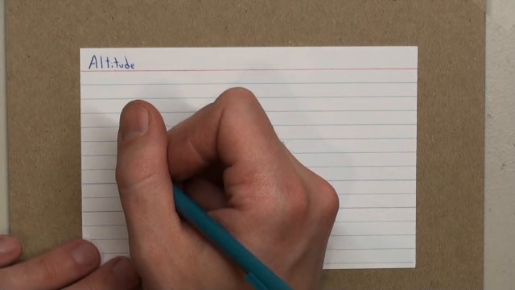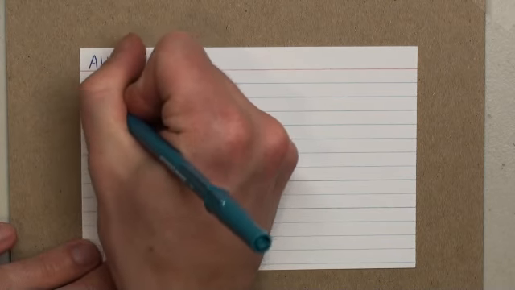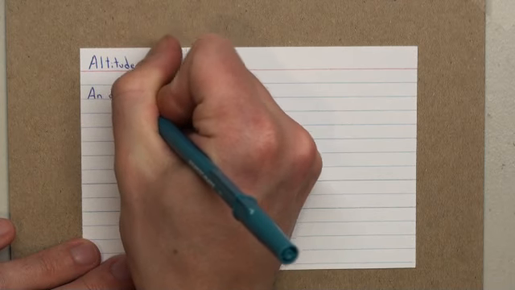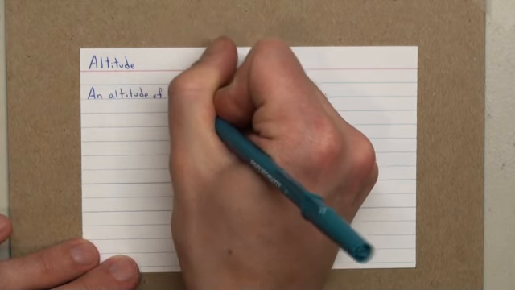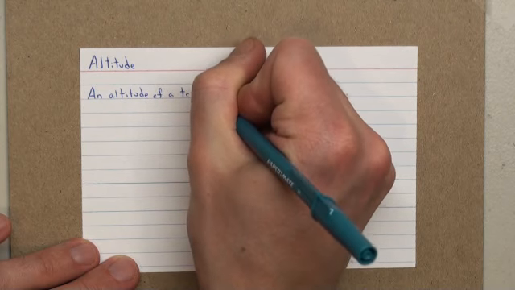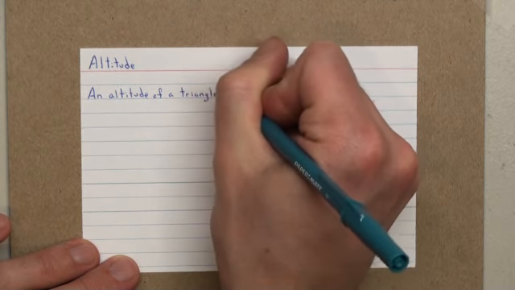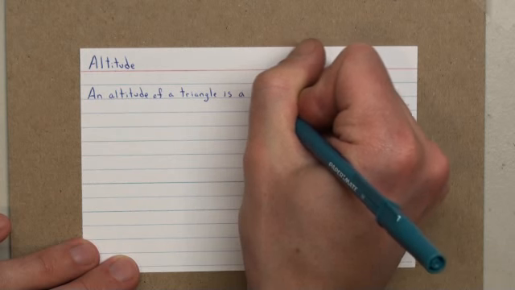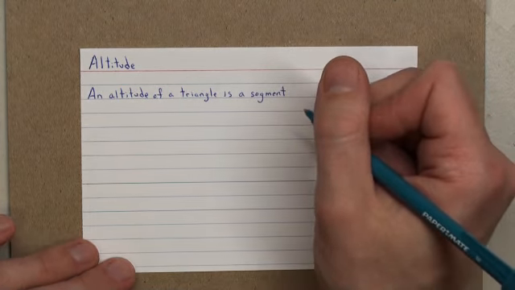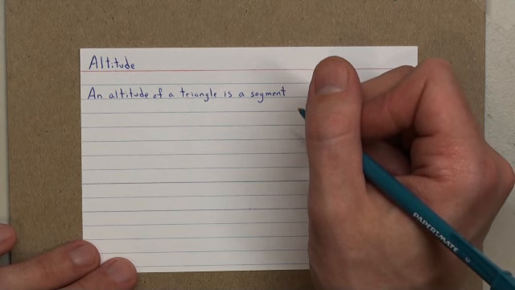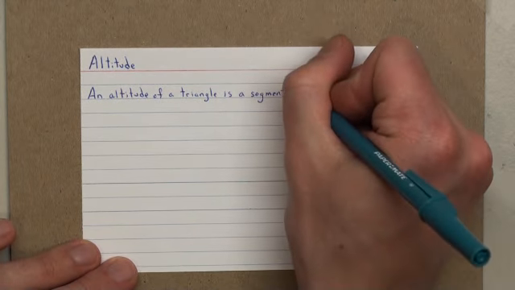An altitude of a triangle is a segment from any vertex perpendicular to the line.